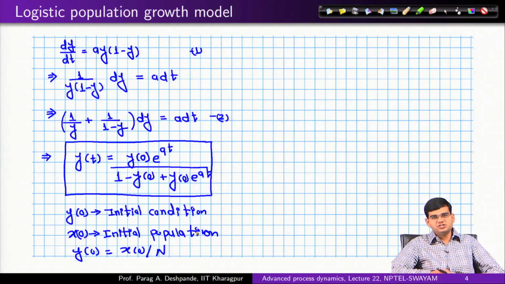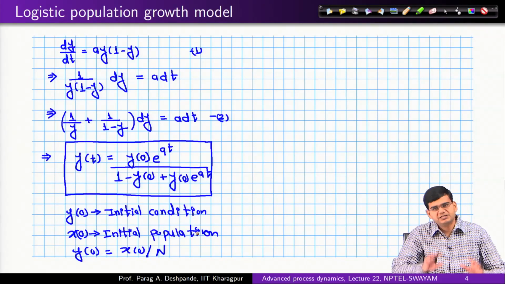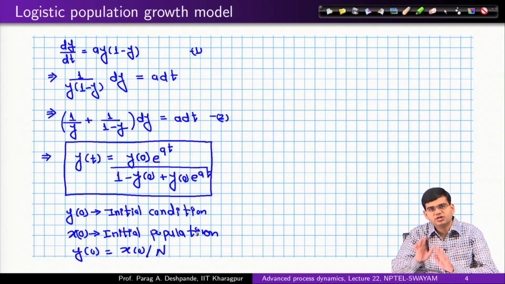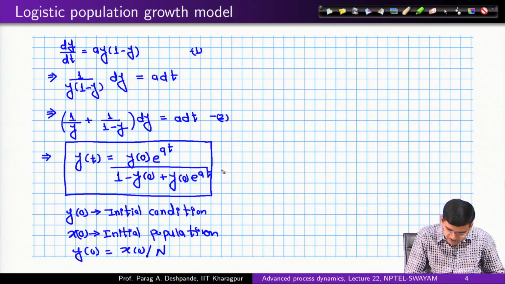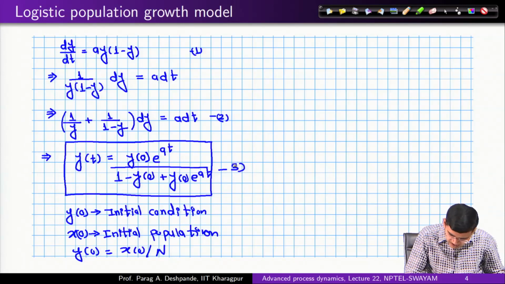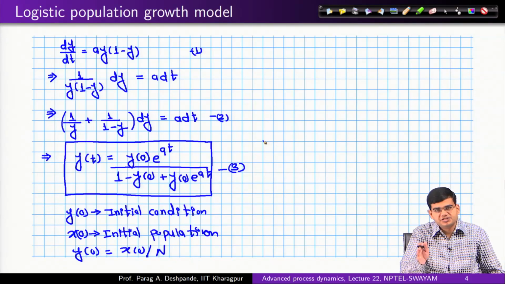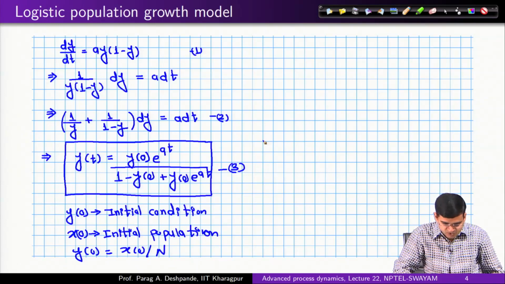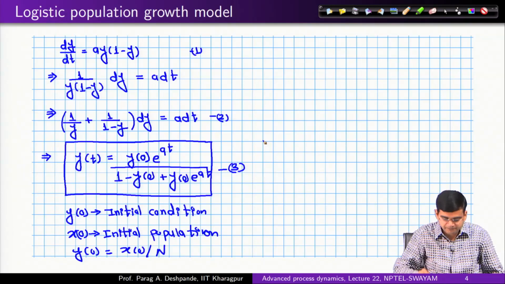Okay, and x 0 would be known to you, we will divide it by n, you will get y 0 and we will substitute here. And by converting x to y, I have just normalized my population. So, there is nothing very difficult which has been done here, it is just change of variables. So, instead of going from 0 to n, I will go from 0 to 1.